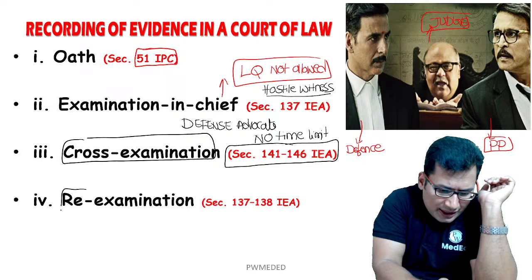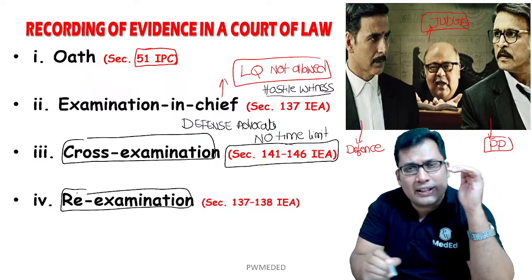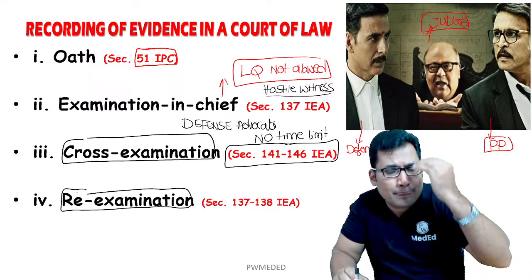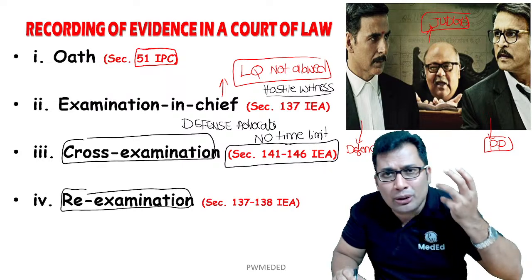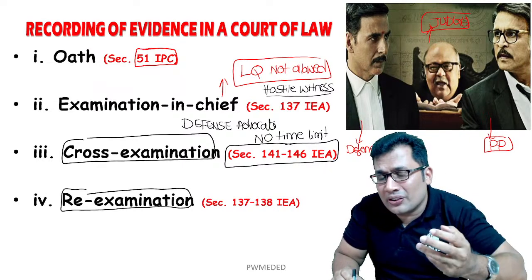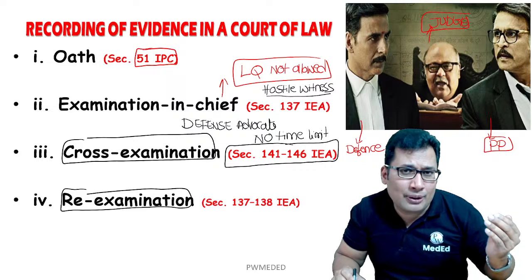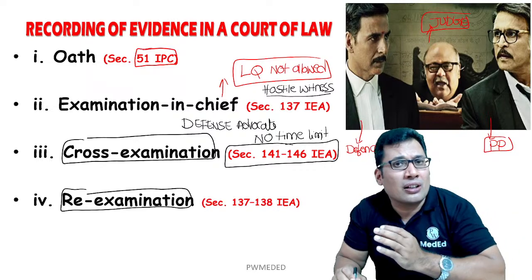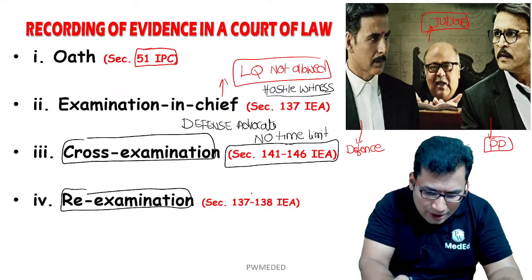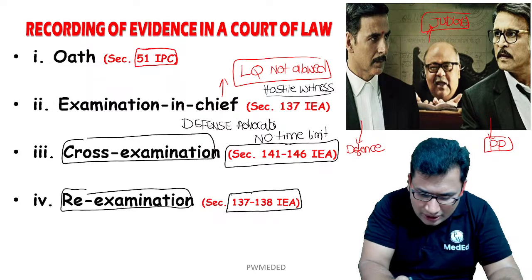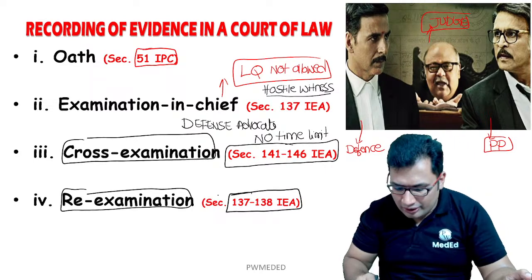The next step is re-examination. Once cross-examination is over, the public prosecutor again examines the witness and asks some questions. That is known as re-examination. Again, leading questions are not permitted. It comes under 137 to 138 of the Indian Evidence Act.